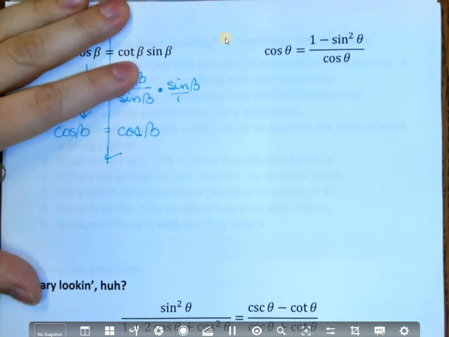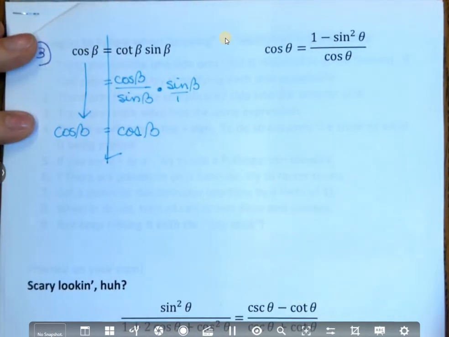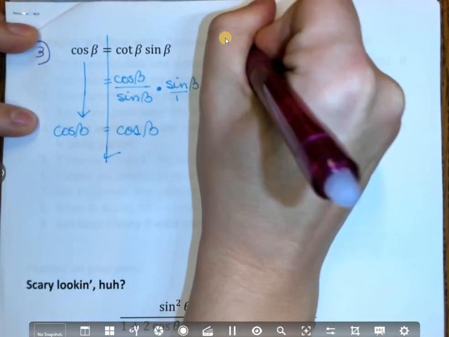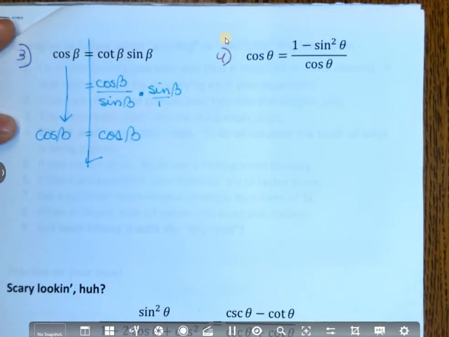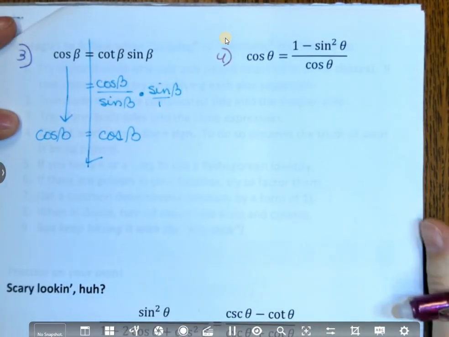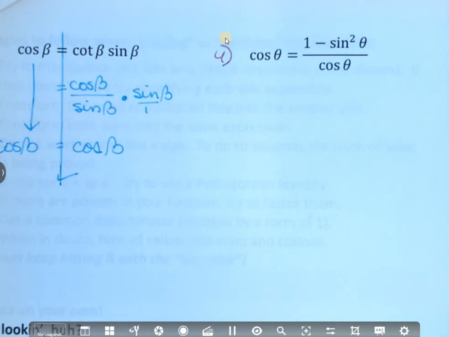All right, go ahead and write down the next one. We are taking a slightly different approach to this, because haven't we been looking at this where we say the first step, putting everything in terms of sine and cosine? That is in terms of sine and cosine. There's a squared.